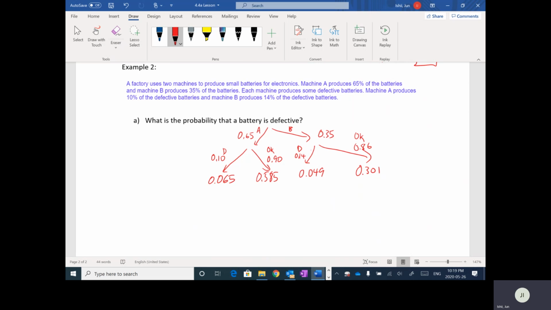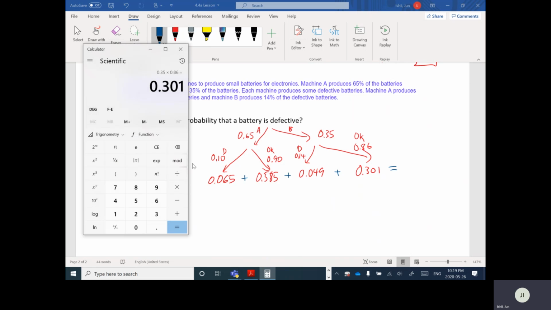Now, what you'll notice, and this is kind of an aside, is that when we add all these four probabilities together, it should equal 1, or 100%. So I'll do that quickly: 0.065 plus 0.585 plus 0.049 plus 0.301 equals 1.